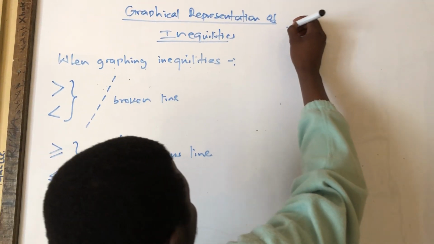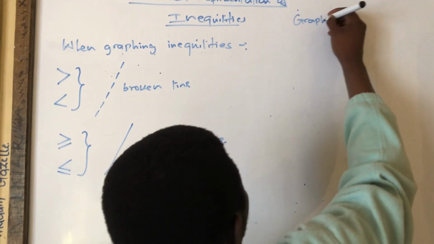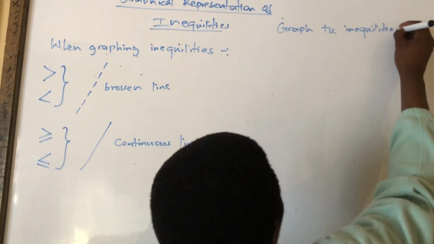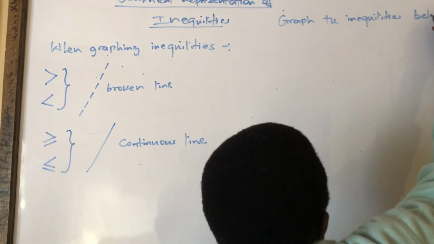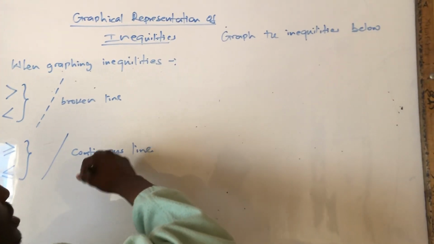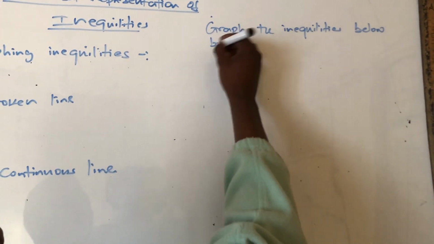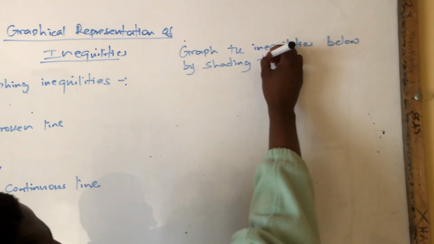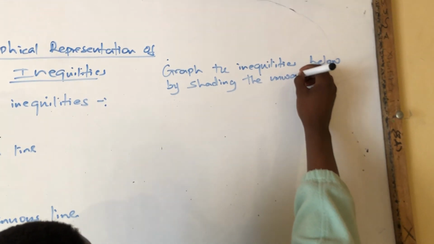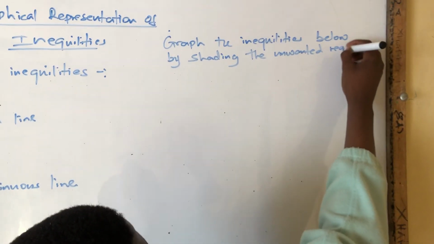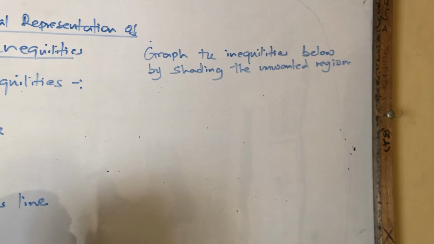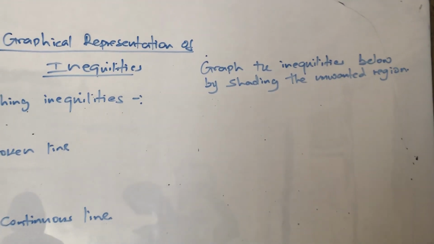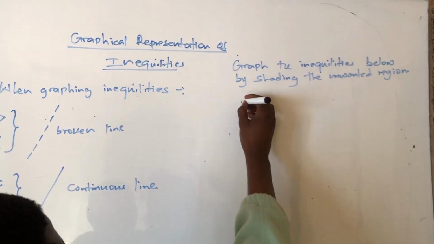Let's look at this one here. Graph the inequalities below by shading the unwanted region.